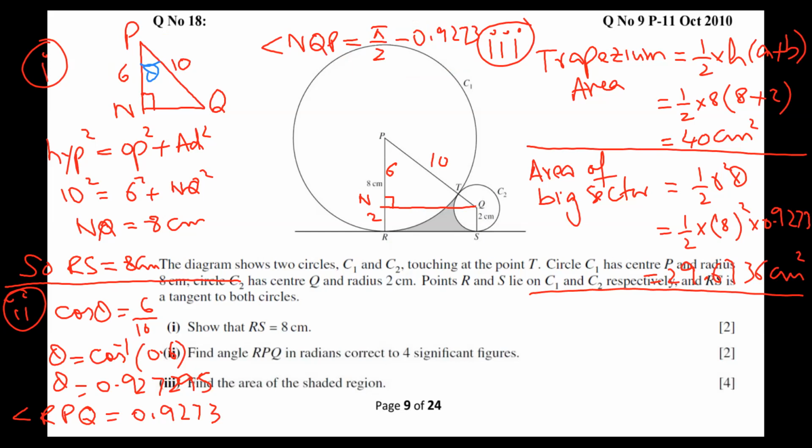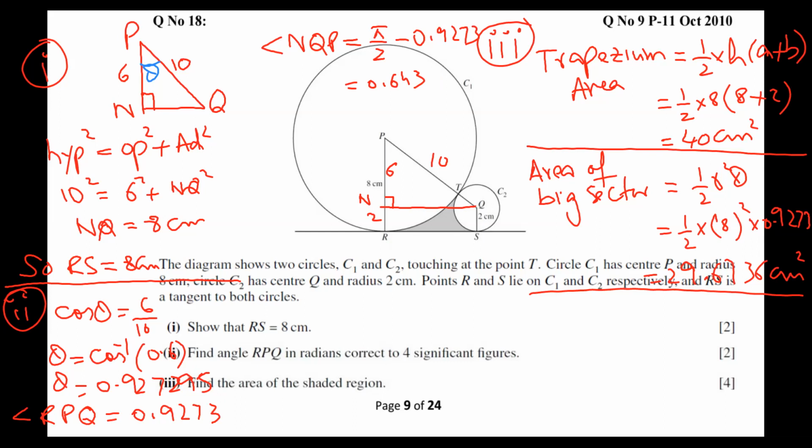I prefer the shortcut, pi by 2 minus this angle. Let me find it: pi divided by 2 minus 0.9273. It comes to 0.64349, or if I round it to 4 SF, it becomes 0.6435. So this angle I'm going to use.